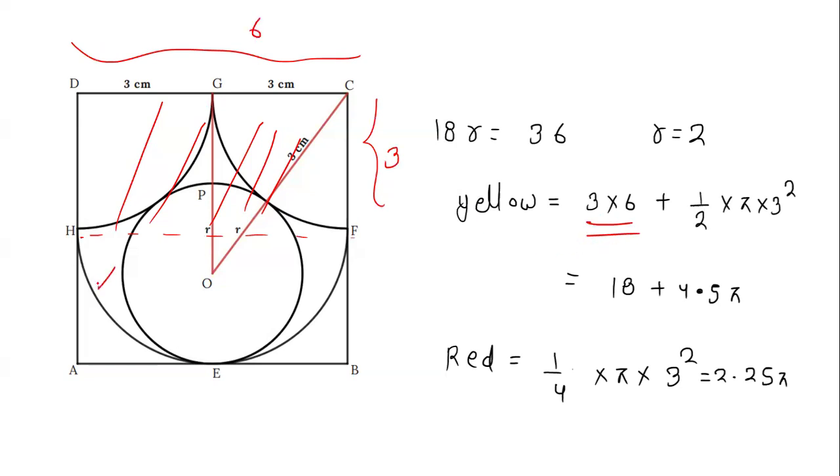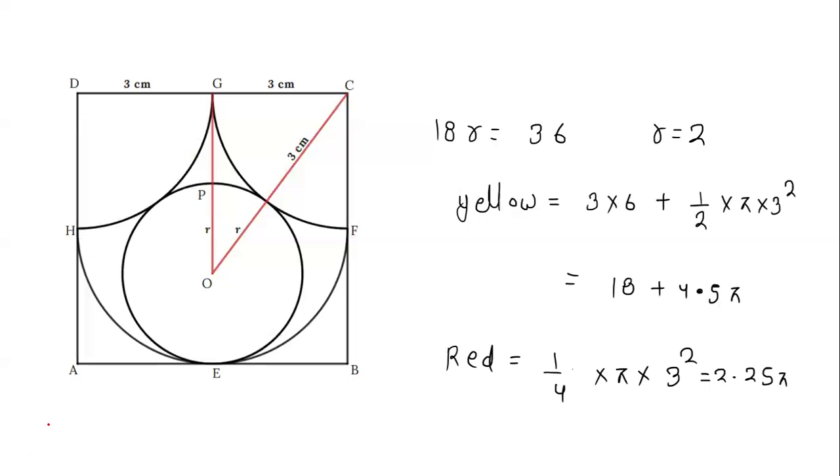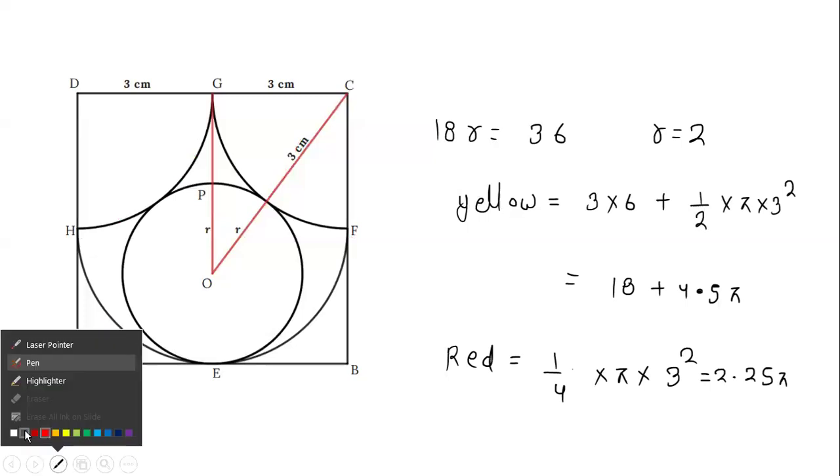And this is a semicircle. The semicircle area is half times pi times its radius square. We know the semicircle radius is 3 centimeters, so this is half times pi times 3 square. So the yellow area is 18 plus 4.5 times pi. So we now know the yellow area.